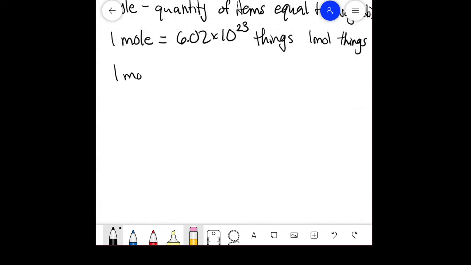So 1 mole equals the formula mass of anything. So you get the formula mass, you can convert it to moles.